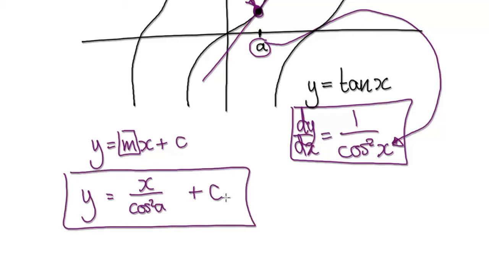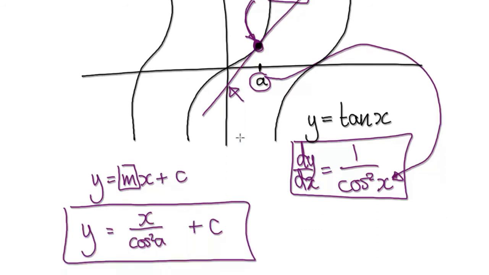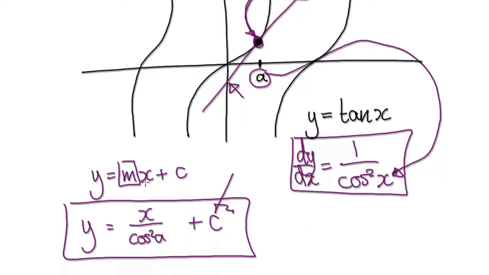So now we need to work out the intercept. The intercept is right here on our tangent line, but we don't know where this is. We've got to work out this c. Once you know m, to work out c, you need one particular point on that tangent line.